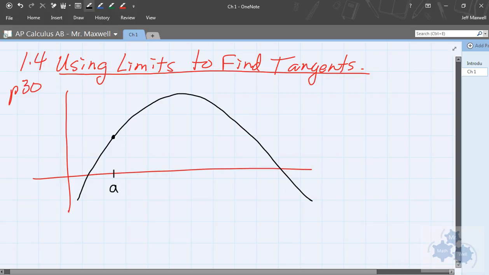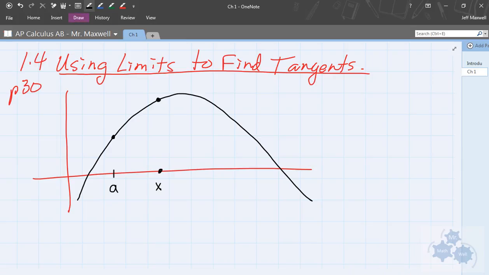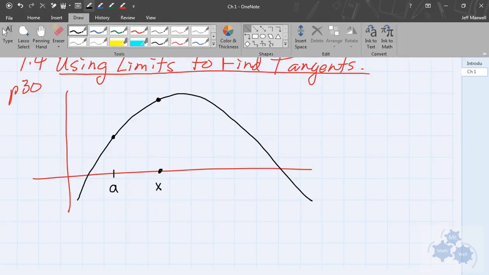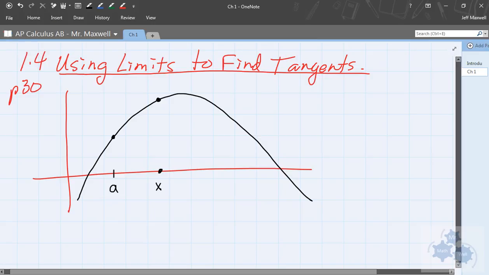Okay, and let's say we have another x value that we'll just call x. Let's say that we want to find the slope of this secant line here, the line connecting 2 points on the curve. How would we do that?